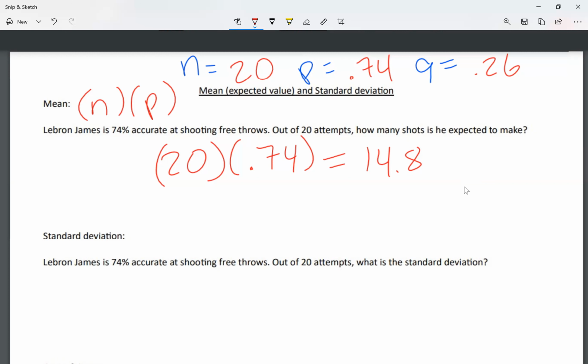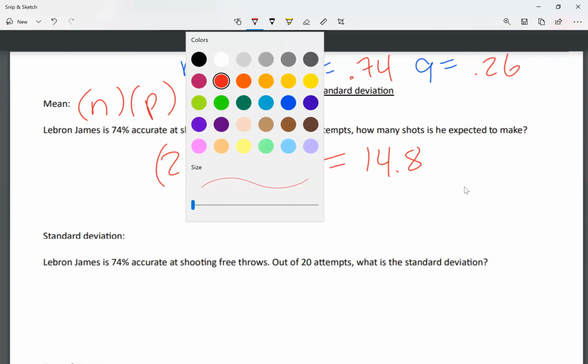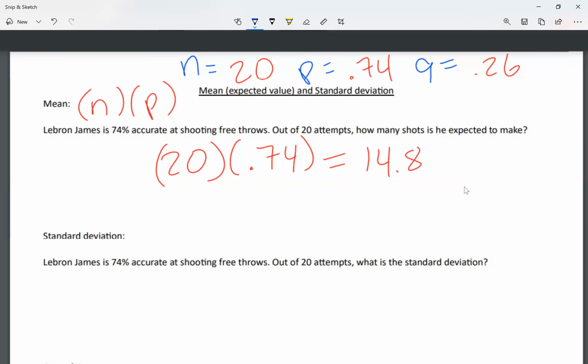Mathematically, we say 14.8. Now, there's also the variance. We can also find the variance. Just a reminder on our mean: a few weeks ago, I introduced you to the Greek alphabet, or at least a few letters from it. For mean, I use the letter mu.